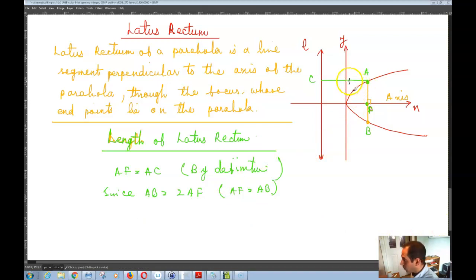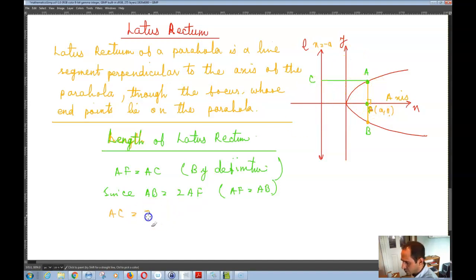So you know that the length AC over here is actually this length over here. Let's say the coordinates of F are (a, 0), and the equation of this line is x is equal to -a. Then the length of AC becomes a units over here and a units over here.